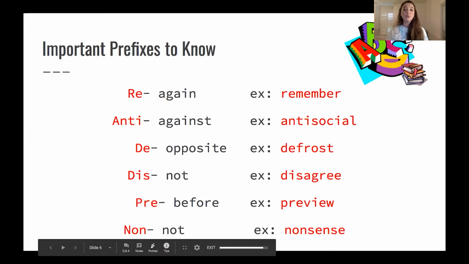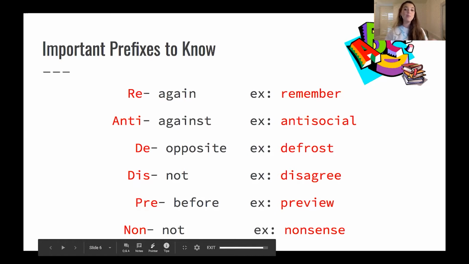So if you were to be reading a story and you saw the word disagree, maybe you didn't know what that meant, but you know what agree means and you know what the prefix dis means. So by putting those definitions together, you can think to yourself and realize that disagree means not agree. I do not agree. So that can be really helpful.